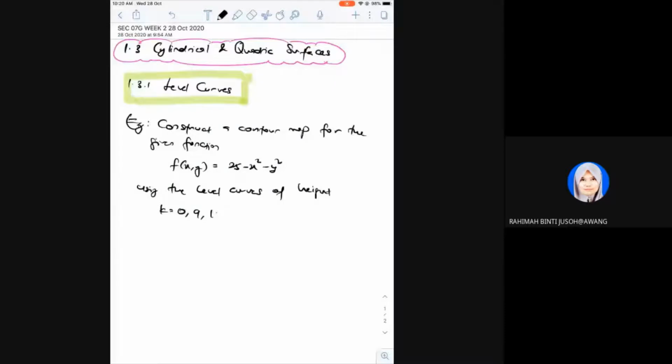Okay, so solution. First of all, what you should do is you have to assume. We let f(x,y) equals to variable z, which is equals to the level curves of height k. K means the height.